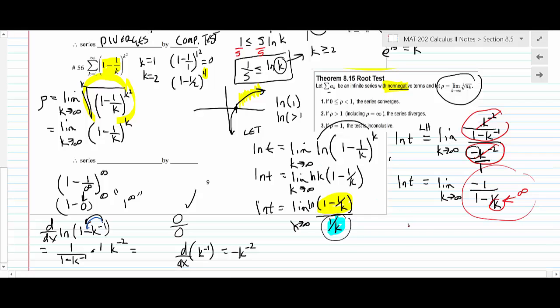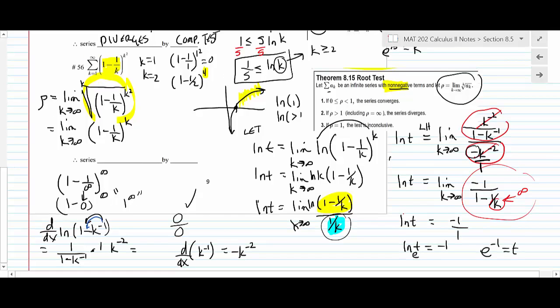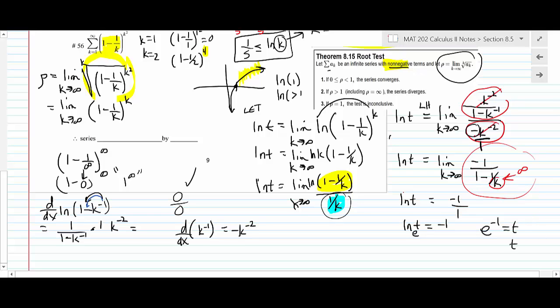So you would have ln of t equals negative 1 over 1. Agreed? Now we have ln of t equals negative 1, and you want to write this in exponential form. That's a base e, so e to the negative 1 equals t. In other words, t, which is the value of our limit, is 1 over e.